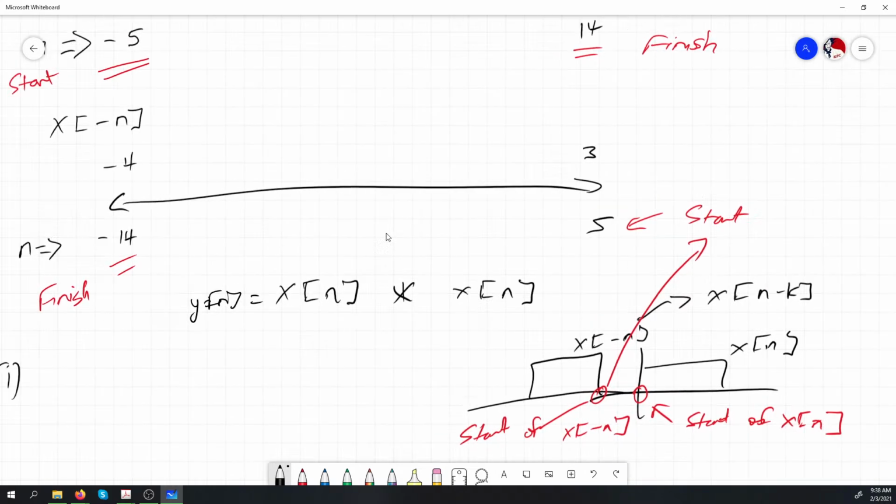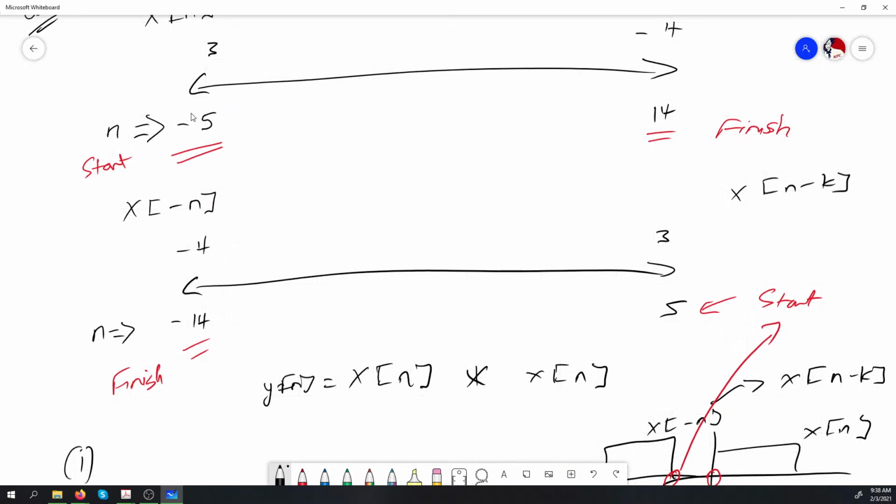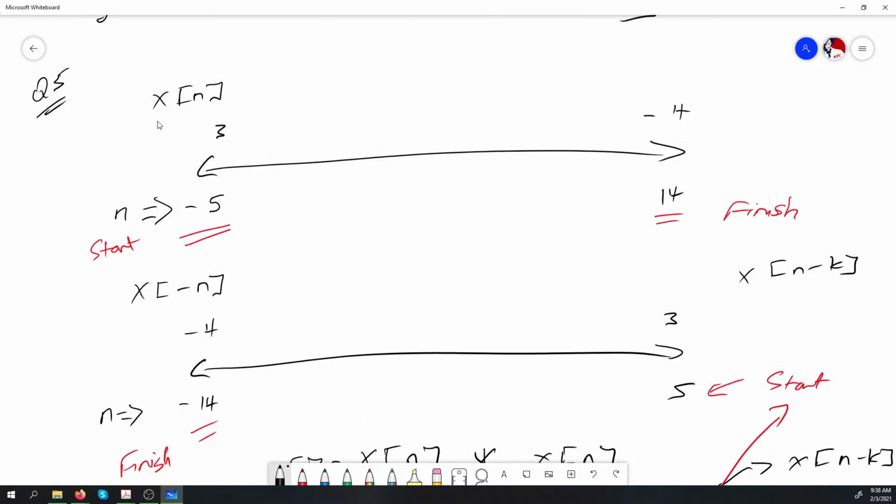Our reverse signal, even though it starts at +5, remember that when we transform this into x of n minus k, we no longer care whether it starts at +5 or -5, because it now transforms into a sliding signal because of convolution. So we're just going to use this 5 as a reference, but we know we're starting at -5 because x of n here is stationary. So this x of minus n signal is going to be our sliding signal when we transform it into x of n minus k accordingly.